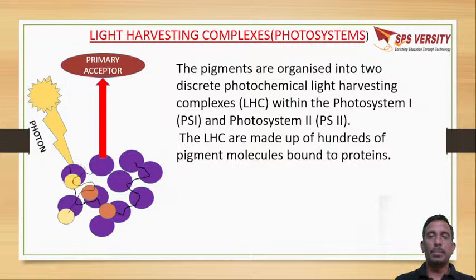These pigments are organized into photosystems, arranged systematically. Based on the arrangement, there are photosystem 1 and photosystem 2, in short PS1 and PS2.